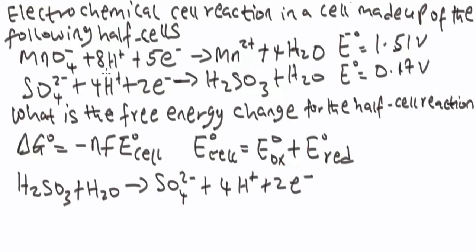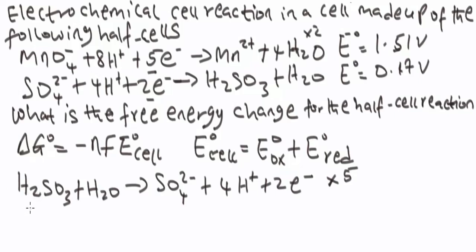Now if you check, the electron loss is not equal to the electron gain. Here we have 5, here we have 2, so to balance the electrons we need to multiply the reduction half reaction by 2, then multiply everything in the oxidation half reaction by 5.